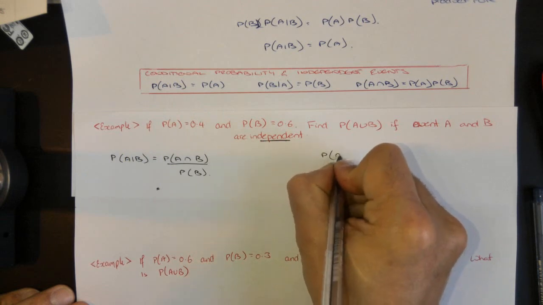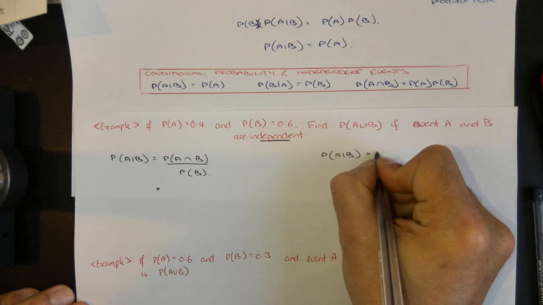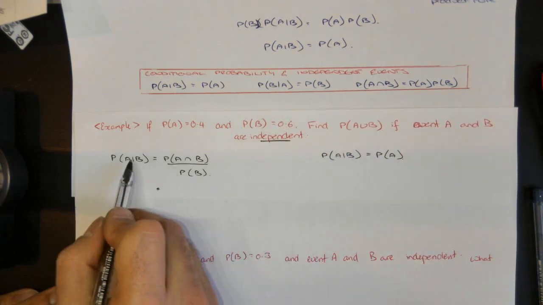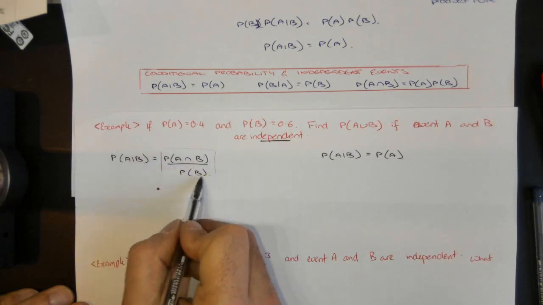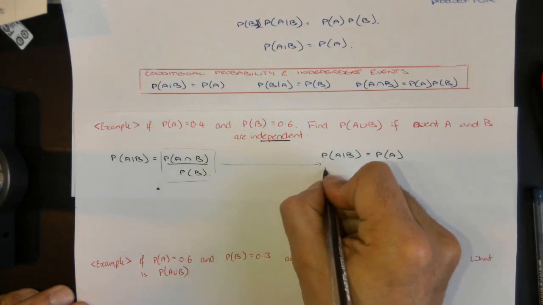The probability of A given B is the probability of A. All I'm going to do is substitute this part into here.